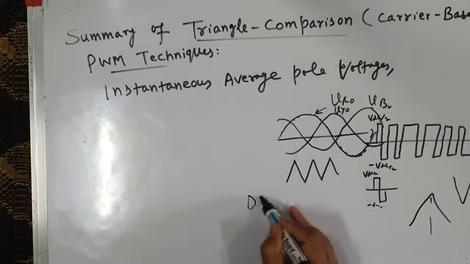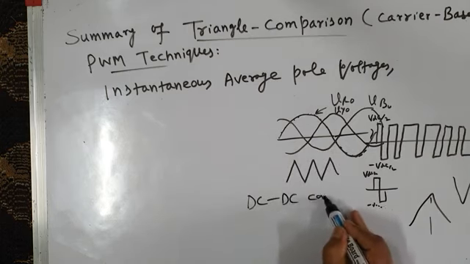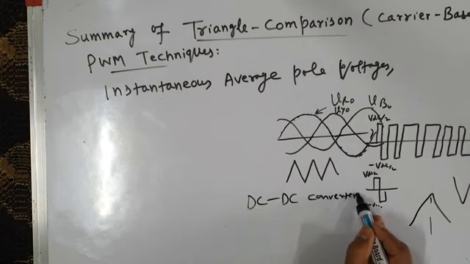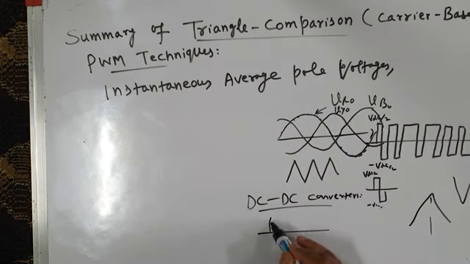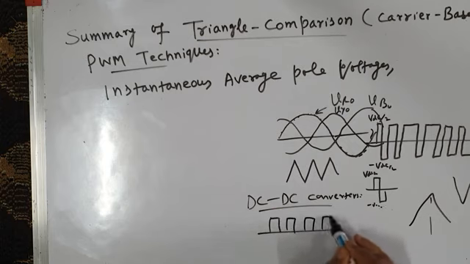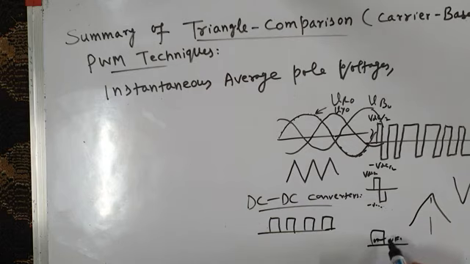Whereas in DC to DC converters, which you must have studied in your BTech Power Electronics, the converter output voltage is like this. Take the first voltage pulse, its on period and off period, and find its average value. It will have some average value, say this. Then find the average value of the second pulse, it will be the same.